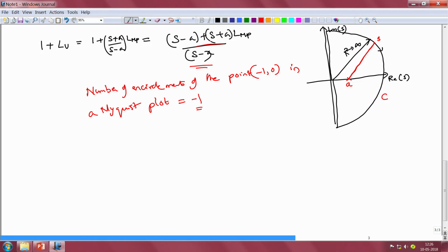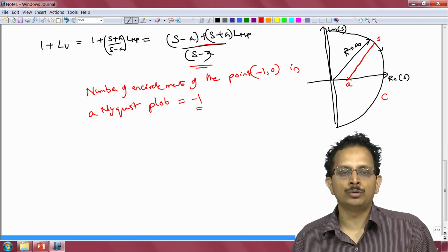none of the zeros of 1 plus Lu, which are essentially the zeros of the numerator polynomial of this transfer function 1 plus Lu, if none of them are in the right half of the complex plane, they will not contribute to any encirclement of the critical point in the Nyquist plot. Hence the only encirclement that will happen will be because of the term s minus a, and that encirclement is counterclockwise.